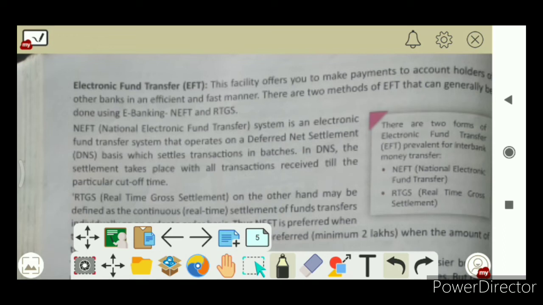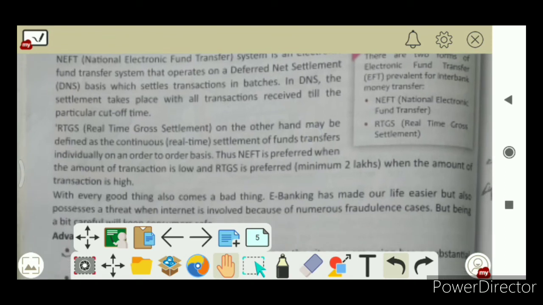Another thing is RTGS, real time gross settlement. When you use NEFT, it takes some time, but RTGS is used when the amount is very high.